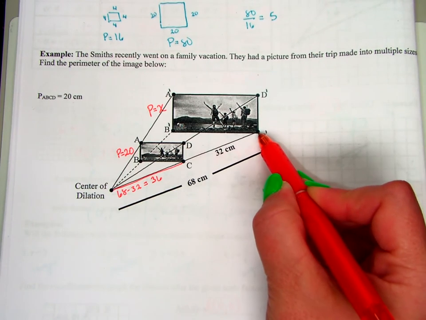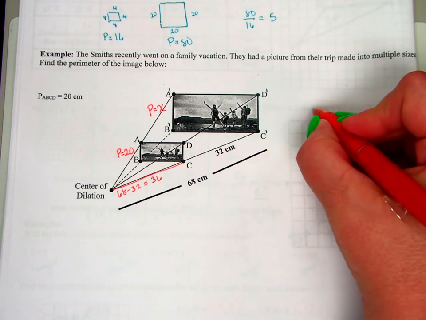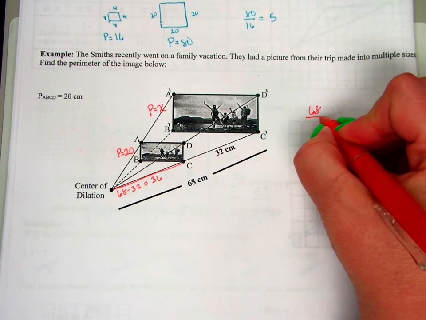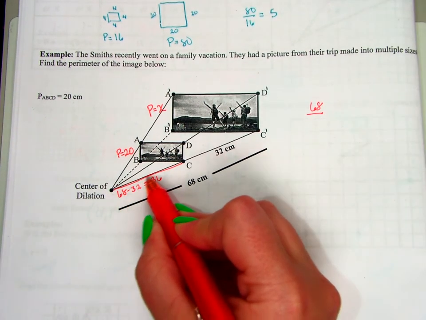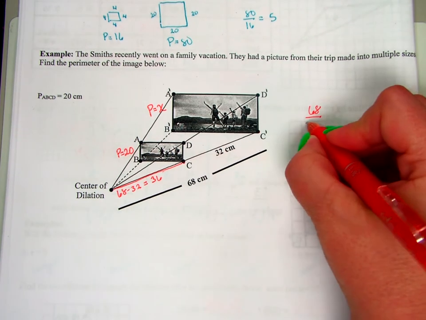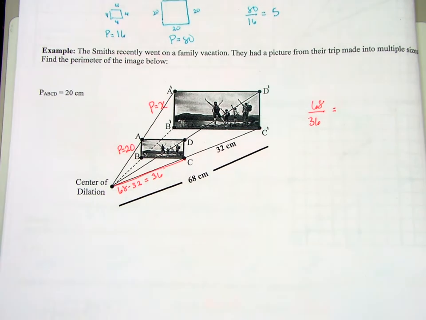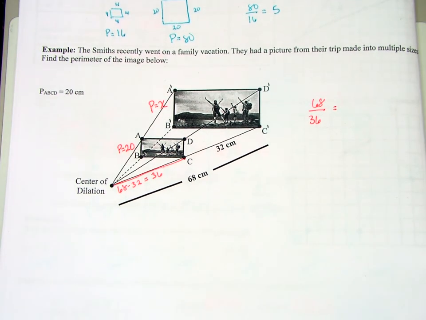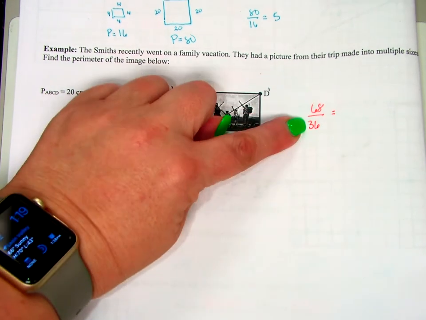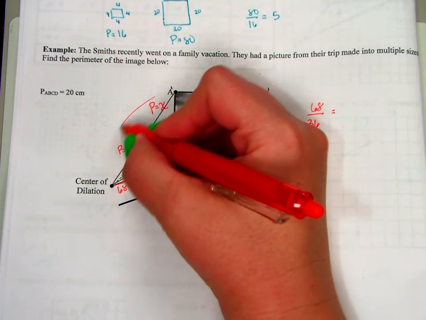So, if I'm going to the image, what is that distance? 68. And then if I'm going to the pre-image, that is 36. So 68 over 36, that's going to give me my scale factor. That will also give me the ratio of the big, because I've got the bigger number on top, to the small.